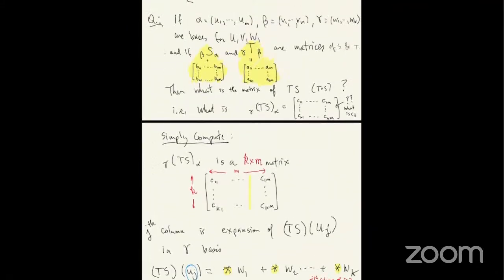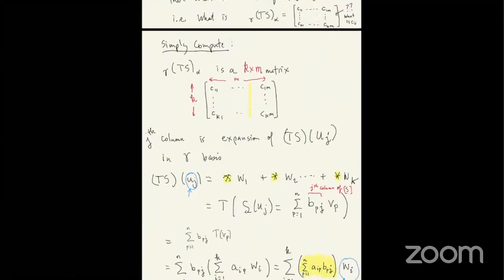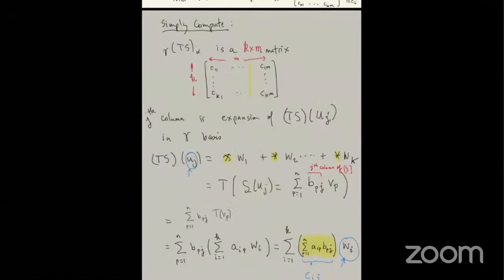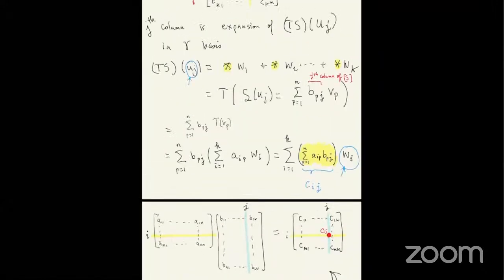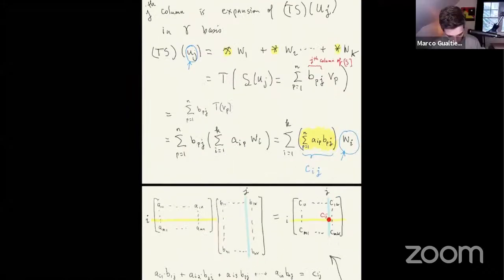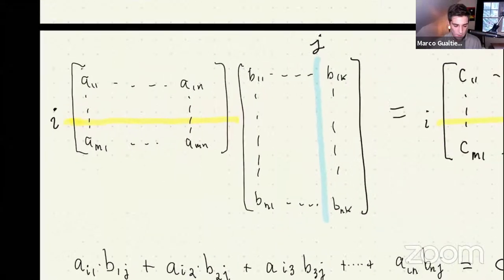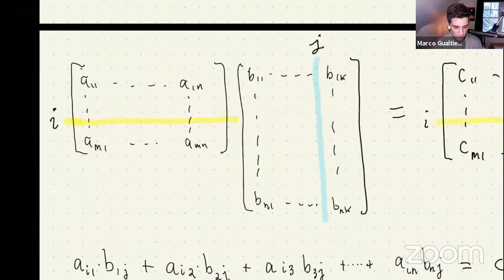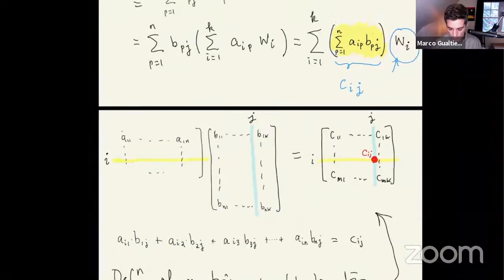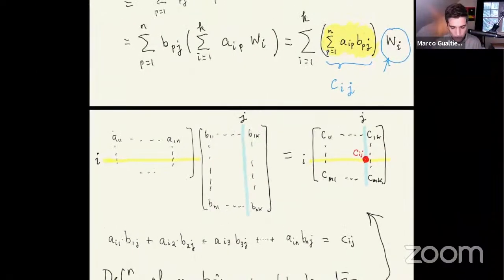Oh dear, what did I do? S and T. I think you mixed up the columns, like we have to switch. Oh yeah, sorry, I wrote this one wrong. Thank you for the correction.